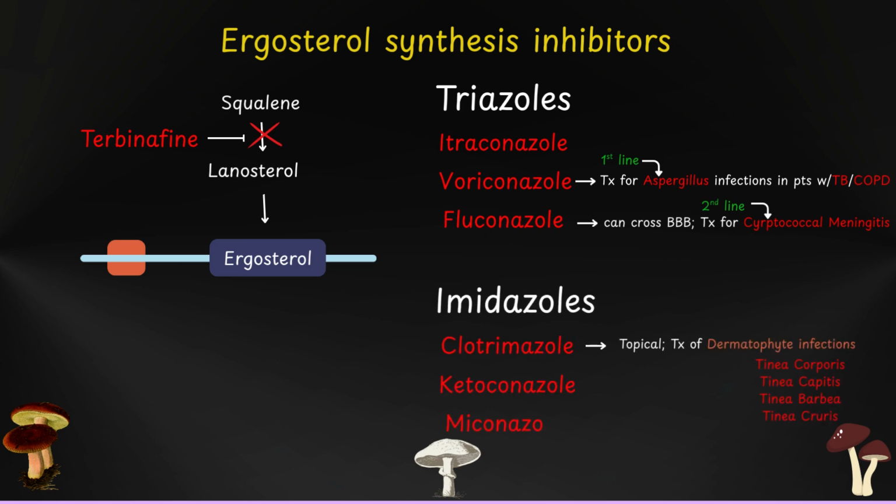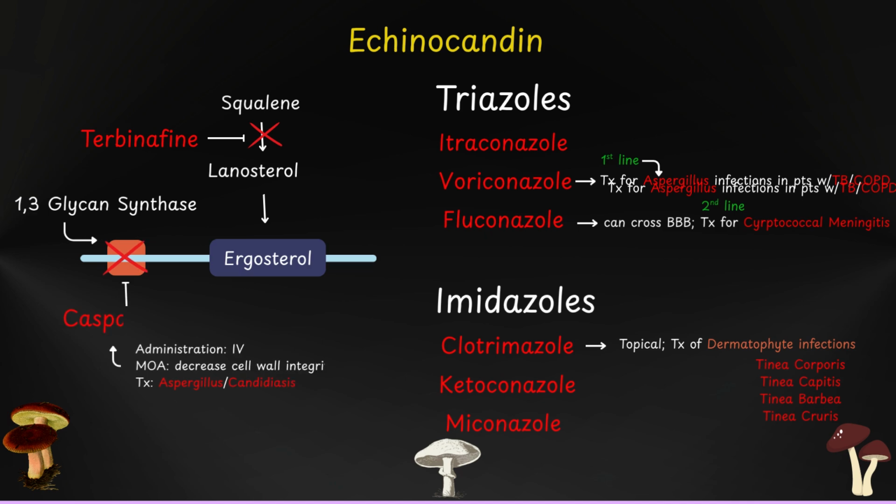We then have the three agents clotrimazole, ketoconazole, and miconazole. These collectively are known as imidazoles. The important thing here is that clotrimazole is a topical agent and it is used in the treatment of dermatophyte infection. And finally, for this part, we have the echinocandin caspofungin.